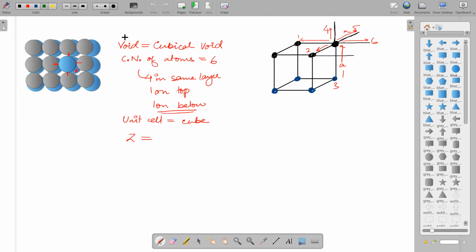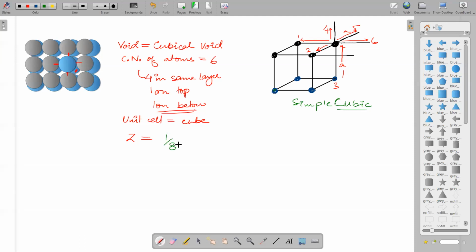are only at the corners. This is simple cubic. All the atoms are on the corners. That means this atom is shared by 8 rooms. That means in one unit cell, its participation would be 1 by 8.